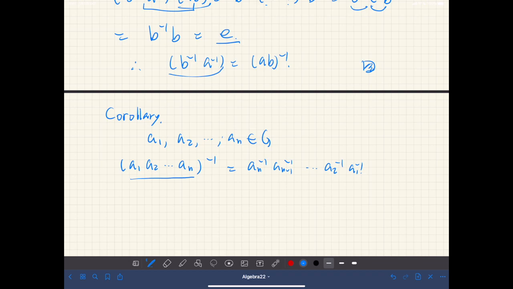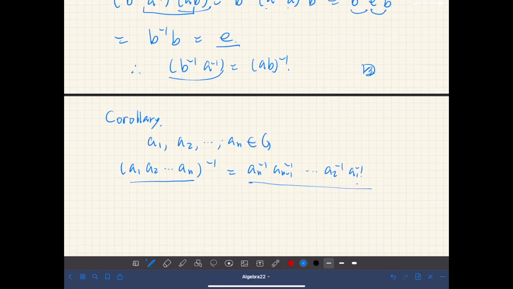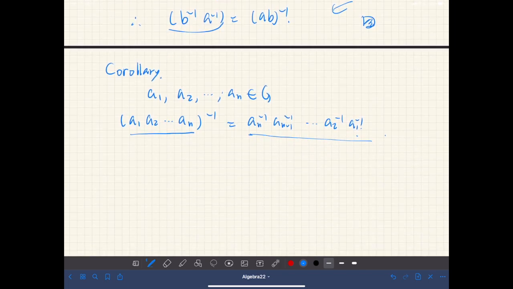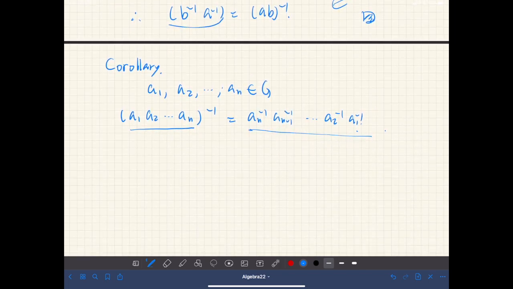So that is, it's the product of inverses starting from n to 1. Okay, and you can prove this in the same manner as this theorem. Or you can, of course, use mathematical induction.